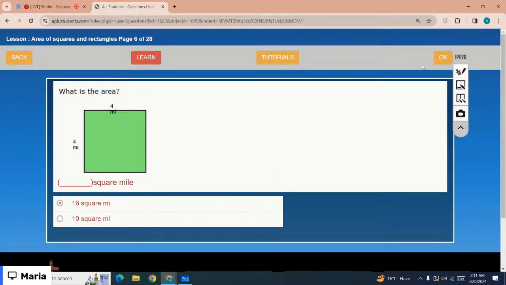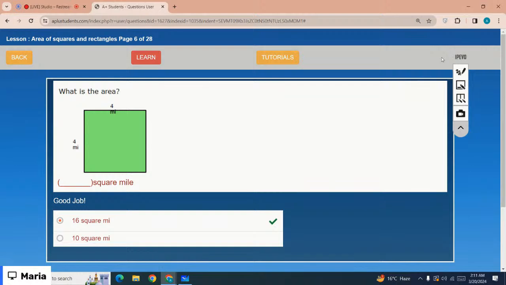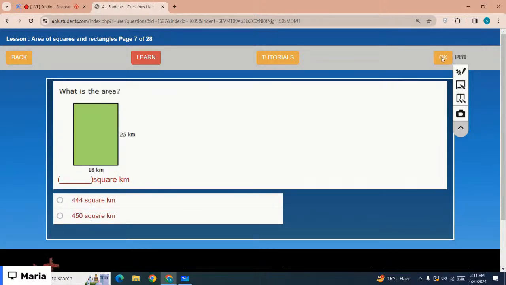Option number 1 is the correct option, right? What is the area?